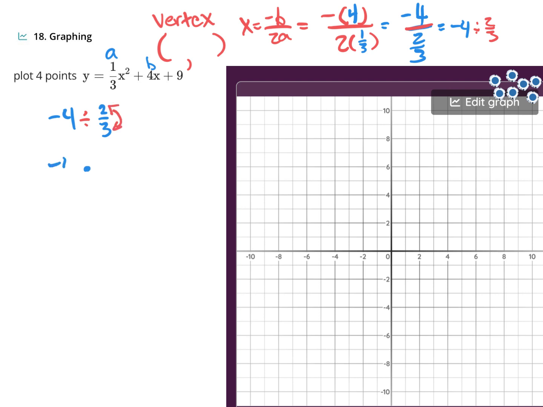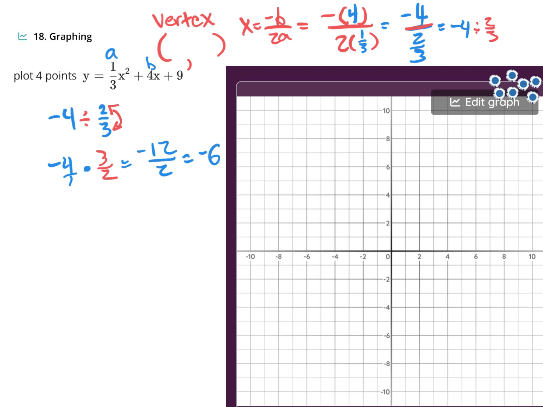So it's really going to be -4, the division changes to multiplication, and the 2/3 changes to 3/2. And then you multiply the top with the top, and you'll get -12, and the bottom with the bottom, and you get positive 2, which means that the x value is negative 6.